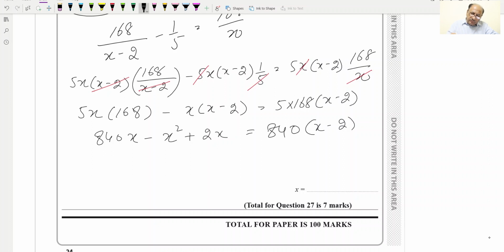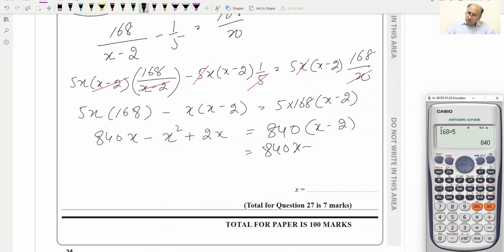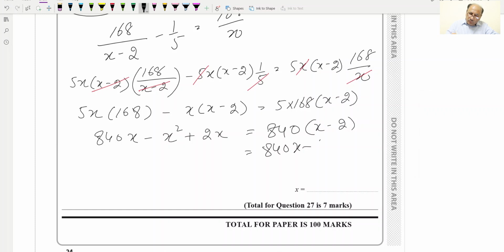We can open this 840 also. This will be 840x minus 840 into 2 will be 1680, and this side we can write as it is.